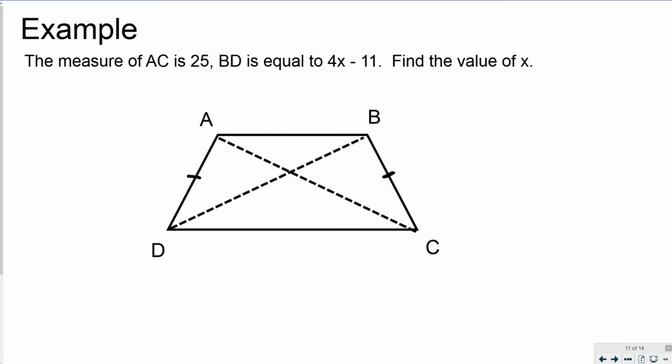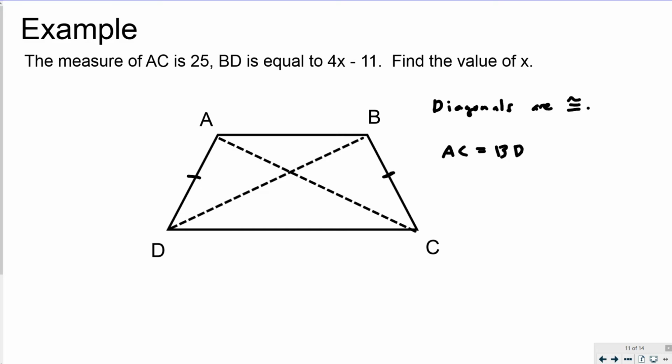But this is an isosceles trapezoid, which means the diagonals are congruent. That was one of my properties of an isosceles trapezoid. And if the diagonals are congruent, that means I can make their expressions equal each other. So I know that AC has to be equal to BD.